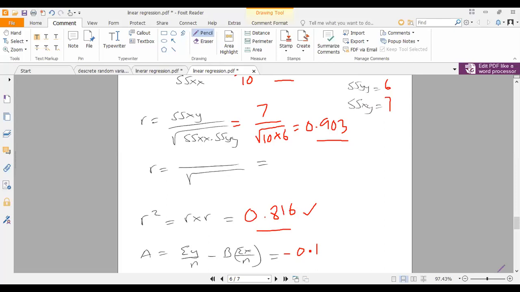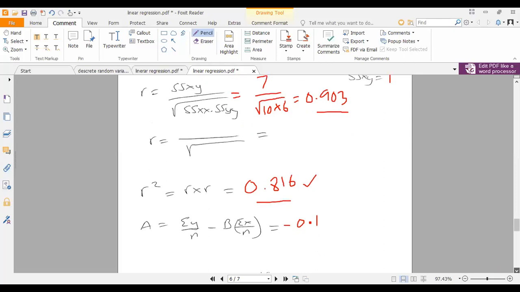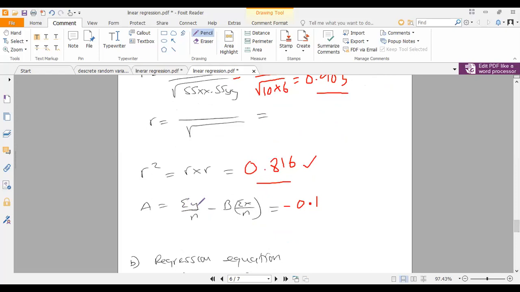Then to find our a, summation of y over n, all right, we had 10 over 5, subtract b. B we just calculated as 0.7. Then summation of x was 15, over 5, which is n.